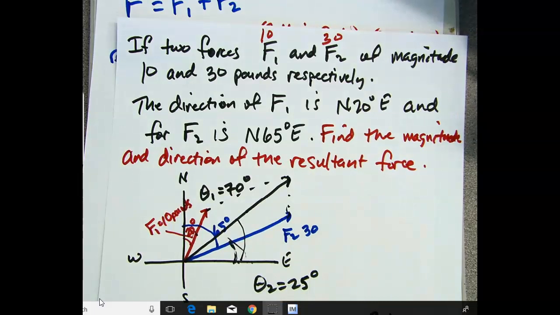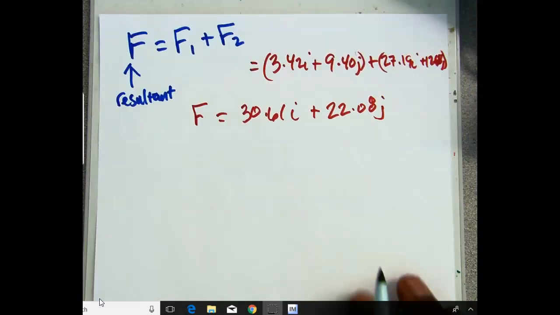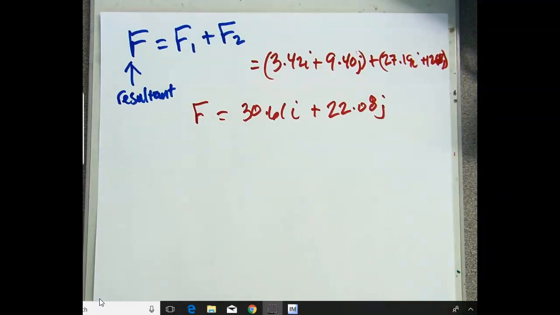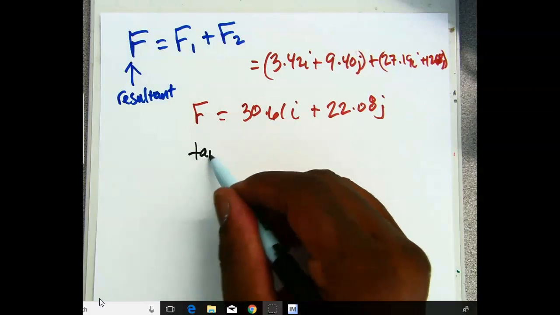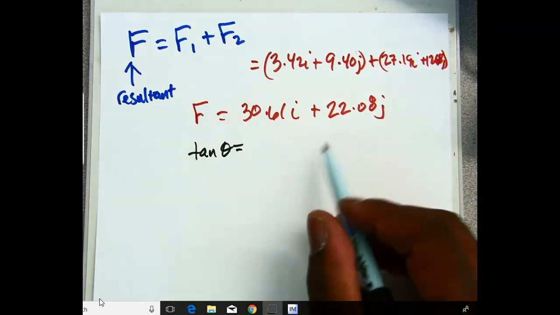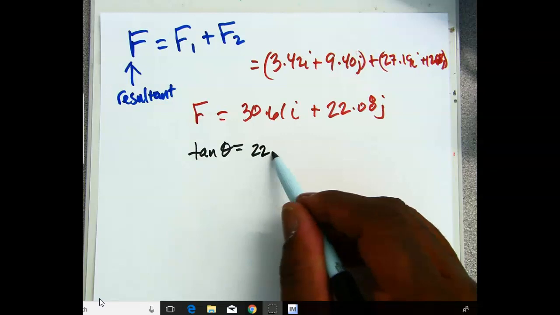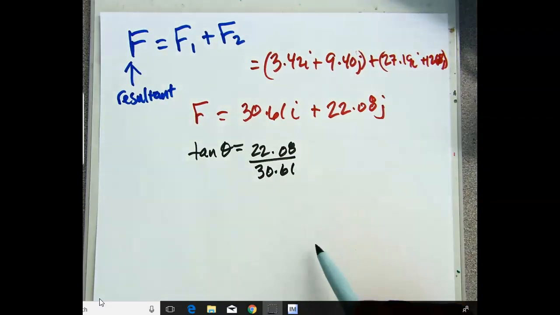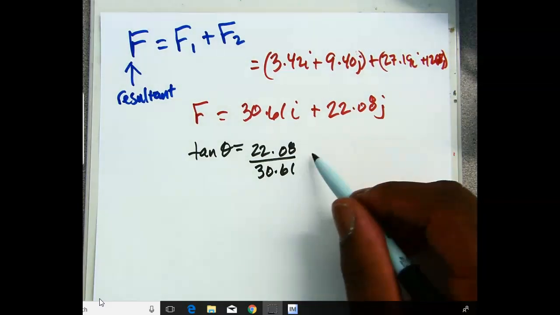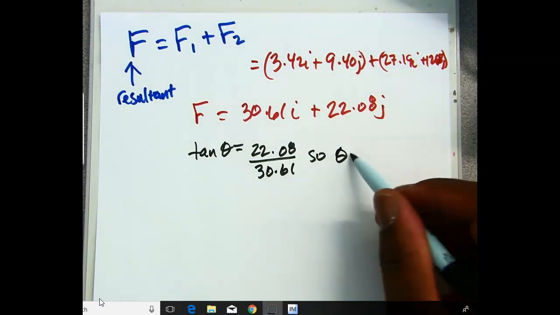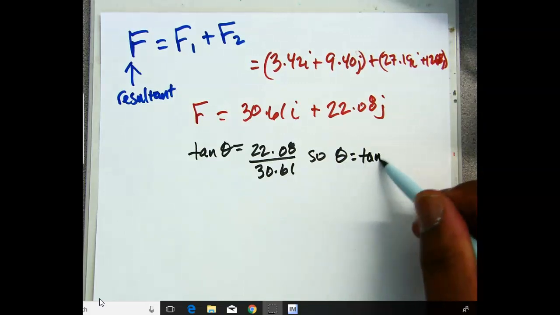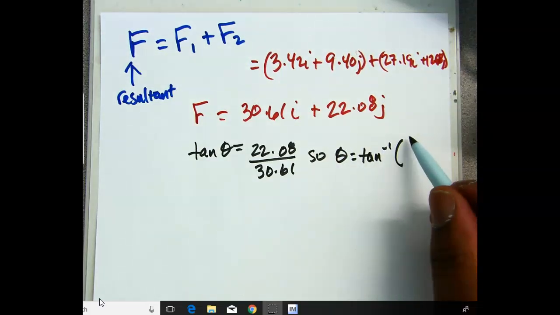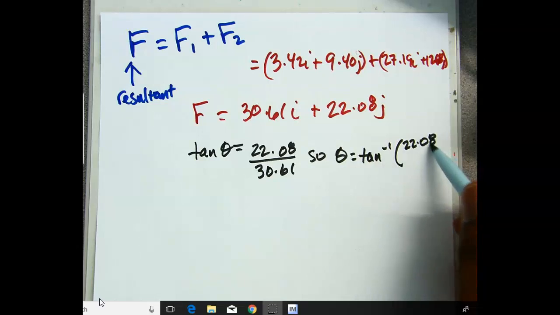So let's do the angle first. We know that tangent of theta is equal to b over a. So it's going to be 22.08 divided by 30.61. So theta is the inverse tangent of b over a, 22.08 divided by 30.61.